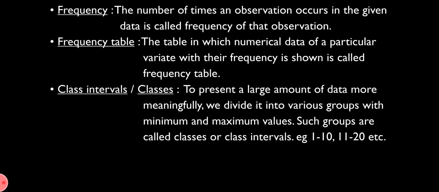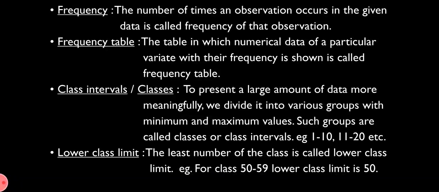For such a presentation, where a large amount of data is there, we have to group it. We make the groups according to the data, and they are called classes or class intervals.